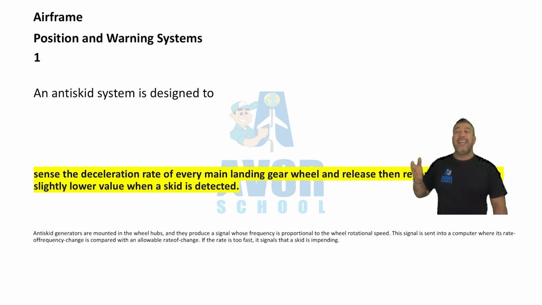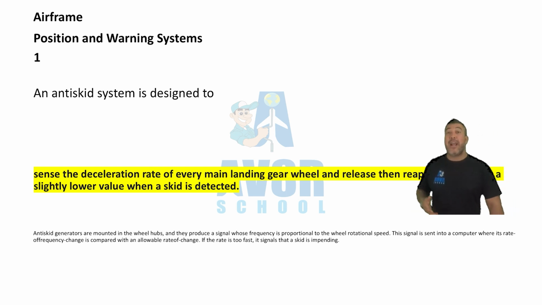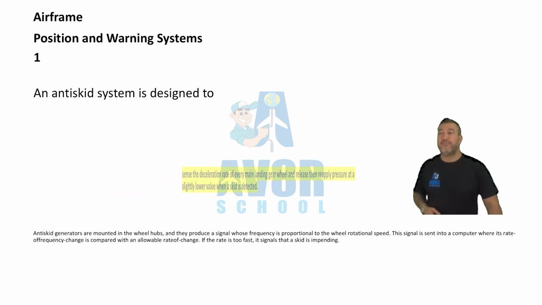So the anti-skid system is designed to sense the deceleration of every main landing gear wheel and release and then apply pressure at a slightly lower value when the skid is detected. This is kind of your aircraft ABS. All right, it's real simple.